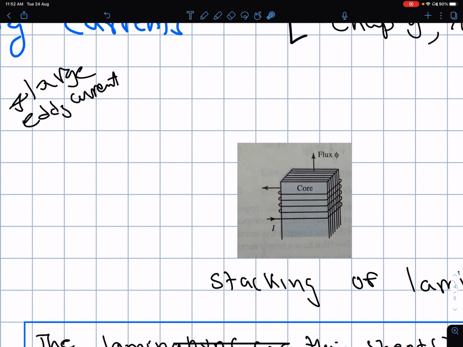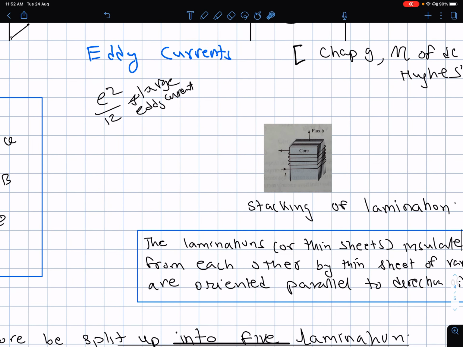Now if you stack laminations instead of making it one solid core, if you make laminations and stack them parallel to the flux axis, then what will happen? These laminations are pressed together through some kind of varnish. They are stuck together, and they create a high resistance in between. The stacking increases the resistance in between, so the eddy currents will not flow like this all through.